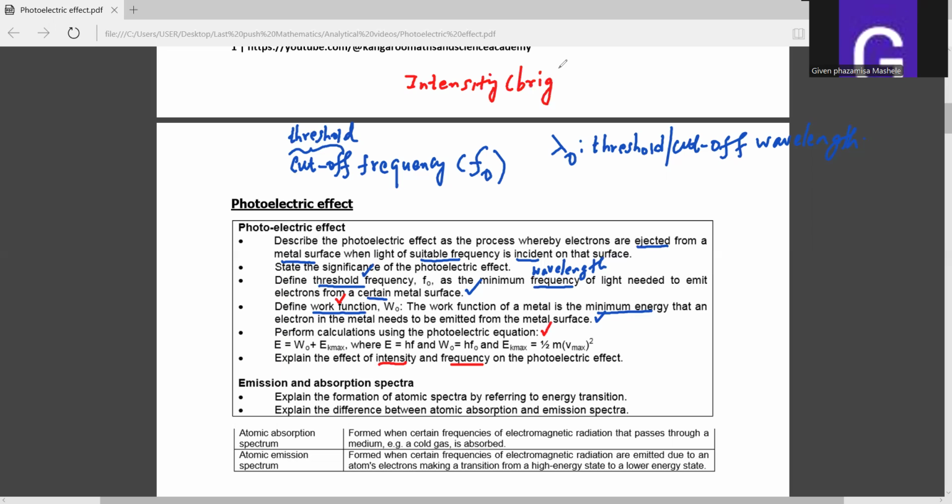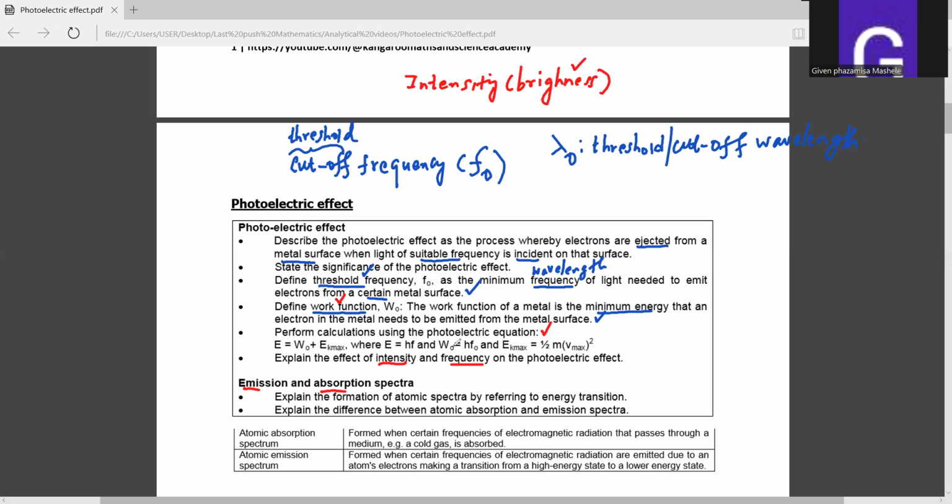How does the brightness of light have an impact on the photoelectric effect? We'll talk about that, ladies and gentlemen. We are also going to talk about the difference between the emission and the absorption spectrum. This is very important when we talk about electromagnetic radiation.